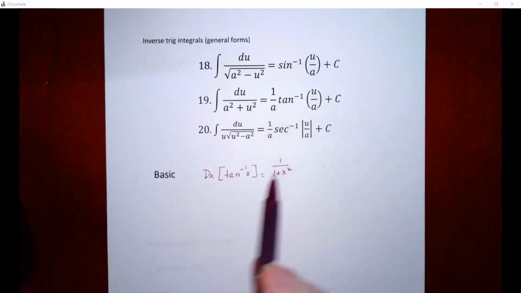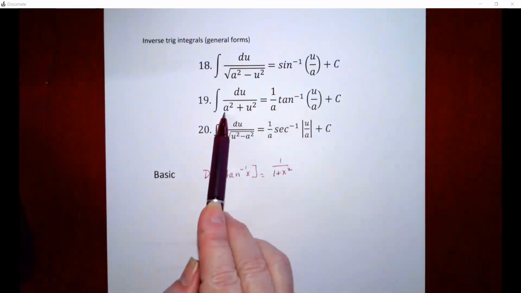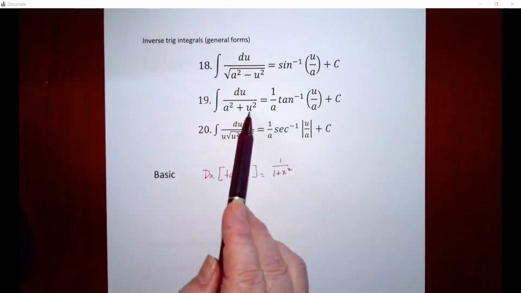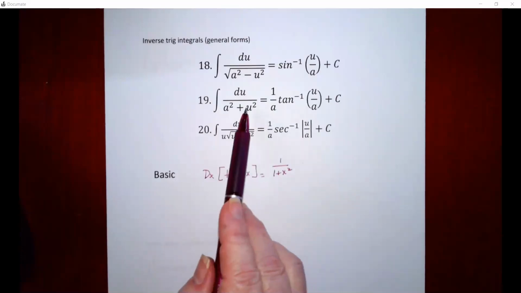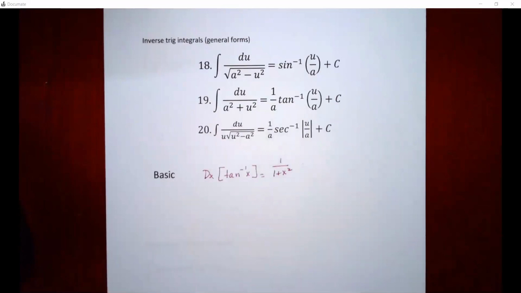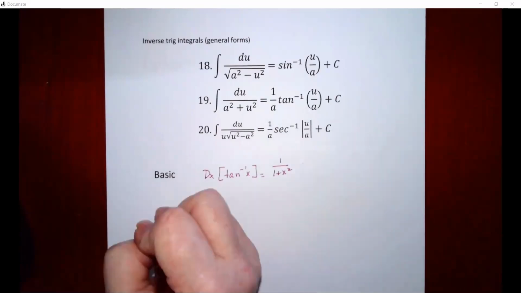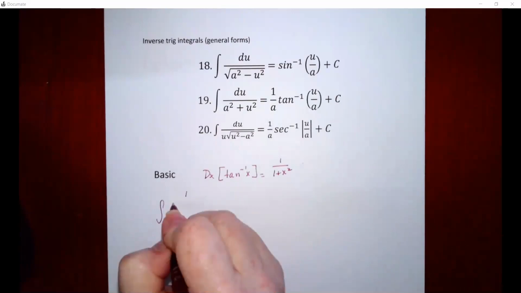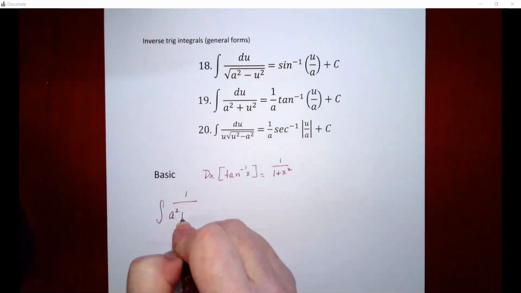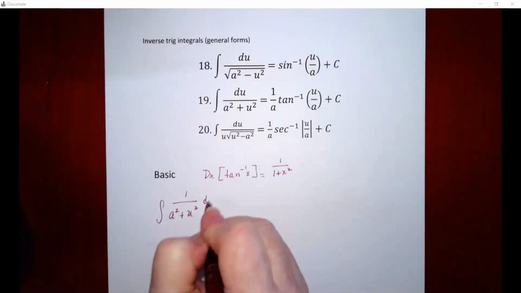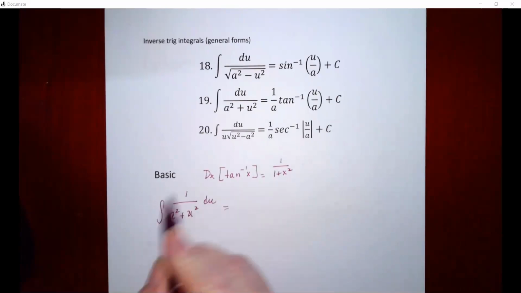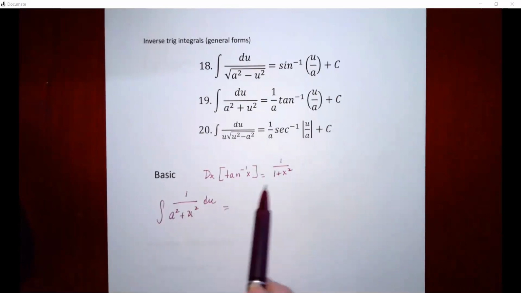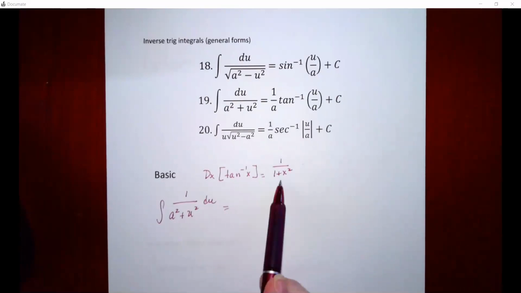We have something that may not just be a 1 there, and this may not be just an x or just a u. So let's say we have something like the integral of 1 over a squared plus u squared du, a more general form for something that looks similar to an inverse tangent integral.